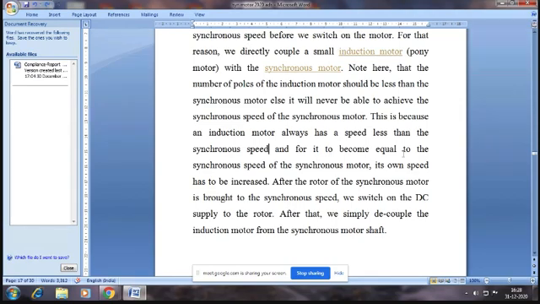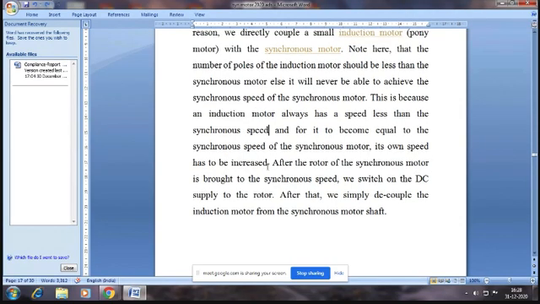For it to become equal to the synchronous speed of the synchronous motor, the induction motor's own speed has to be increased, so that it becomes equal to synchronous speed. Otherwise, the synchronous motor will not run at synchronous speed.